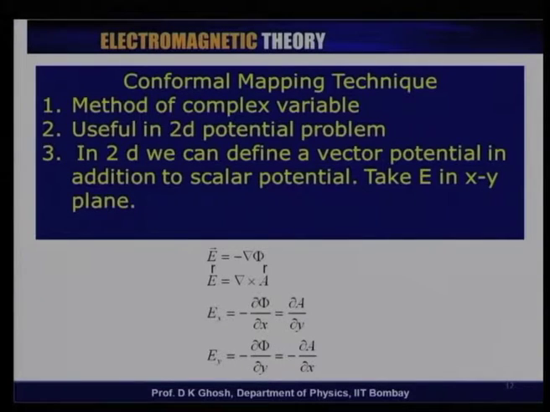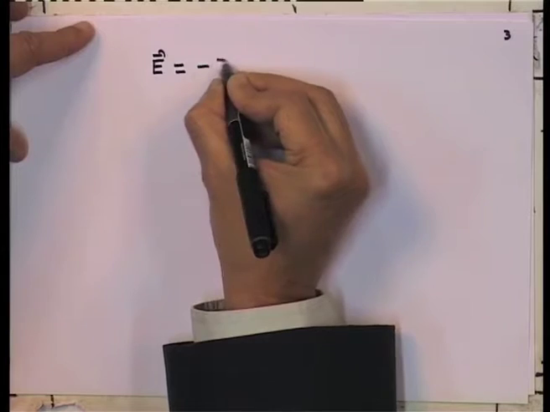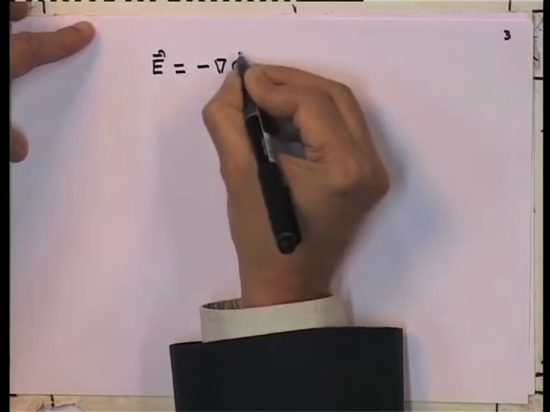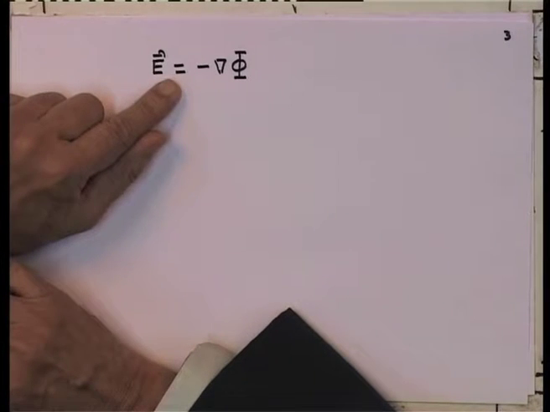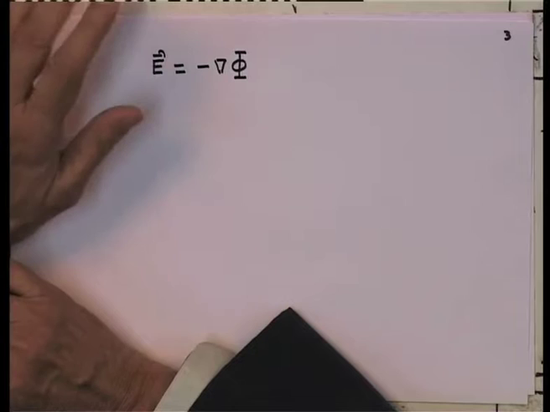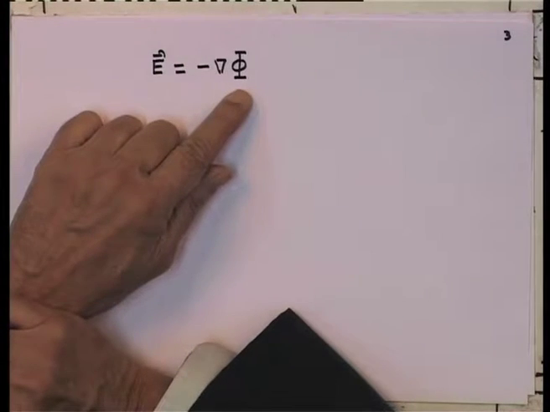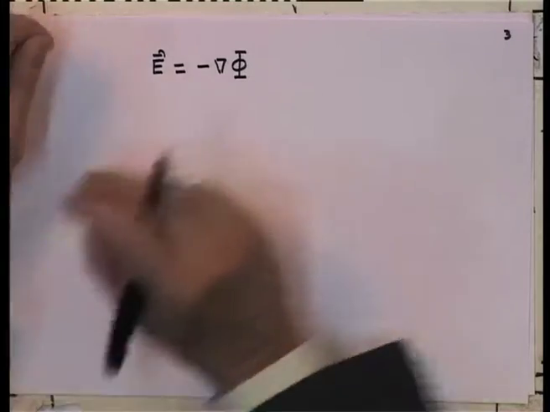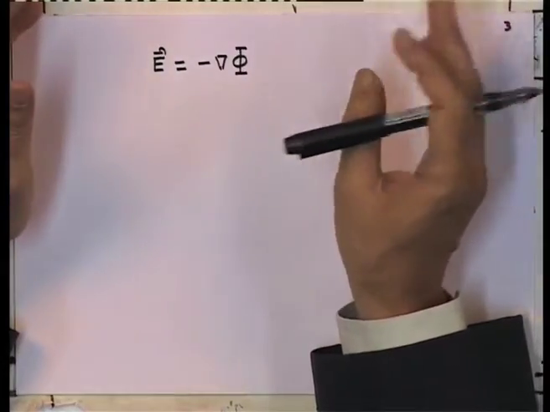Now, notice one interesting thing, that I know that the electric field is given by minus gradient of phi, where phi is a scalar potential. Now, if I am in two dimensions, I have another quantity which I can define, and that is, like a scalar potential, I can define a vector potential. I would like to alert you that at a later stage, when we talk about magnetic field, we will come across this same statement, namely that there is a vector potential.